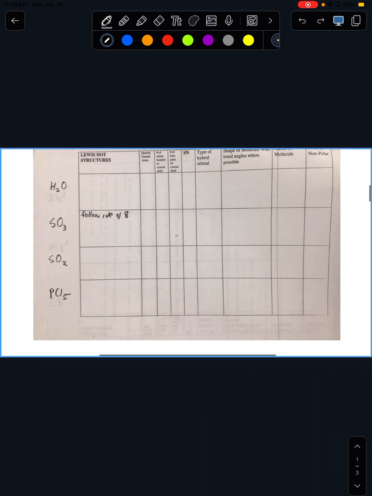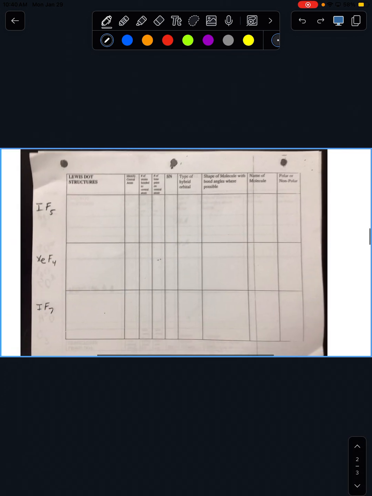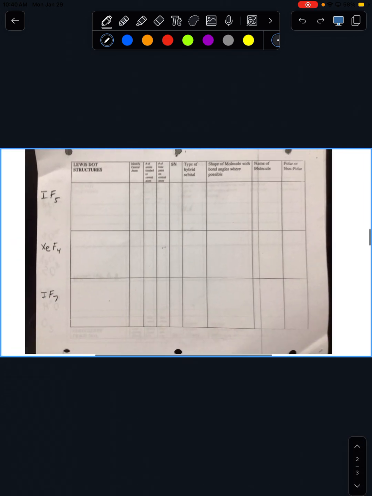Some of these molecules do not follow the correct rules, and so I just want to make sure you know which rule to follow. Here, SO3, I want you to follow the rule of 8 on the central atom. When we jump to IF5, put 10 around the iodine.